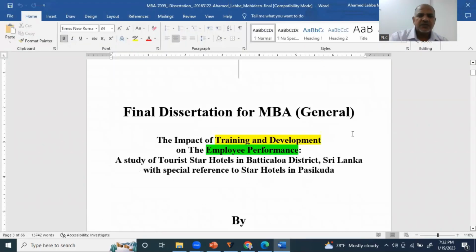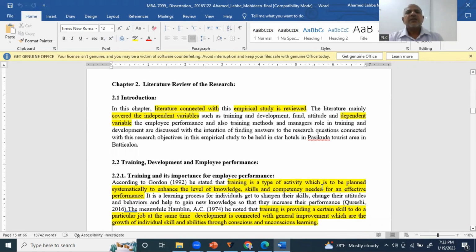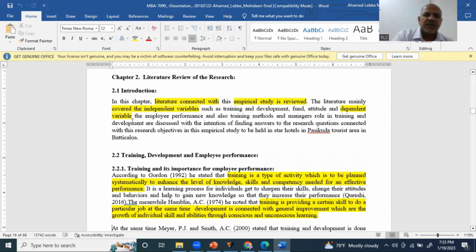I have given my research here: the impact of training and development on employee performance. A study of tourist hotels in Batticaloa district, Sri Lanka, with special reference to star hotels in Pasikudah. So I have the literature review; see the introduction.